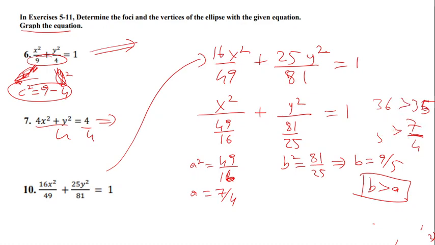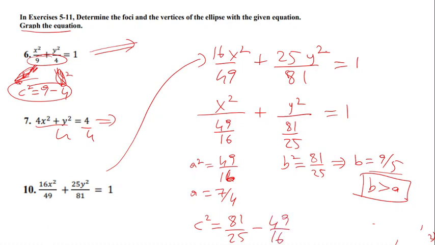So here, b is bigger than a. So c squared will be equal to, the big one is 9 over 5, so it has to be 81 over 25 minus 49 over 16. Now, if you do this calculation, if I am not wrong, it has to be 71 over 400.